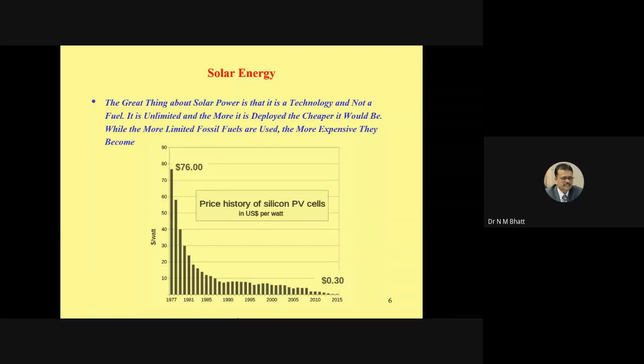Vis-a-vis, if you talk about fossil fuel, they are fuel. The more we use, because of the limited resources, its cost increases, and that is happening with conventional fossil fuel. Day by day, year on year, the cost of crude oil and the derivatives from crude oil, that is petrol and diesel, increases day by day.